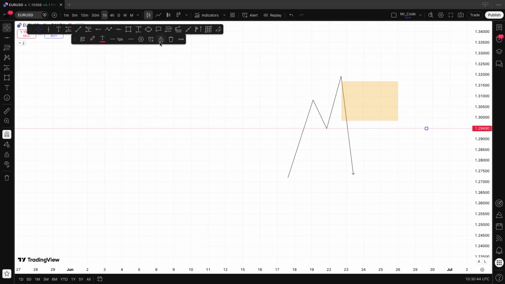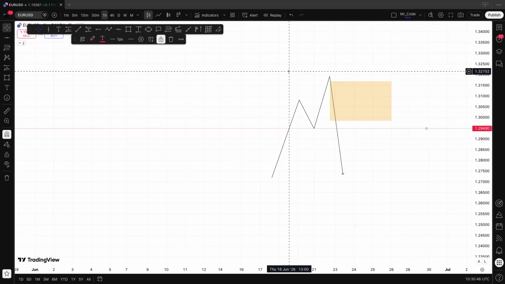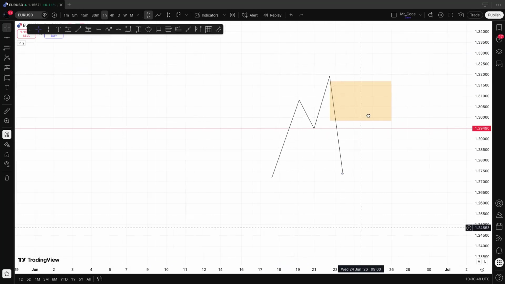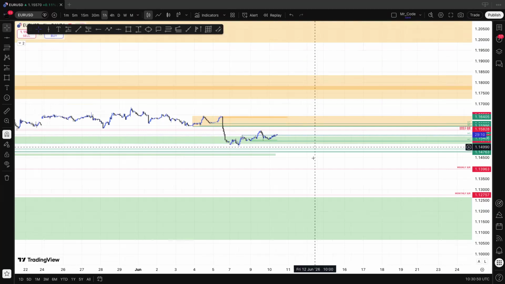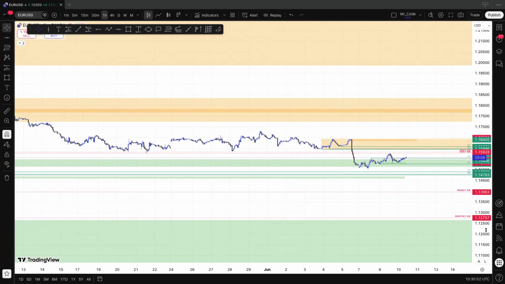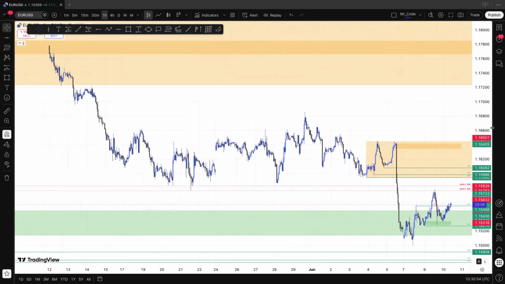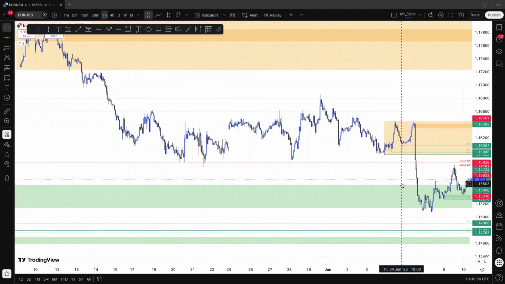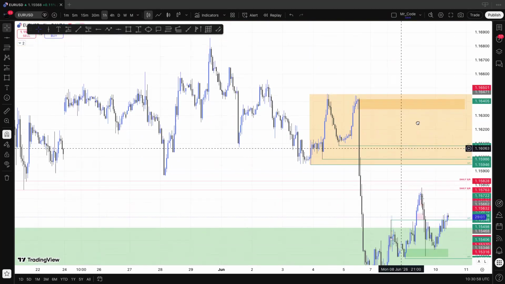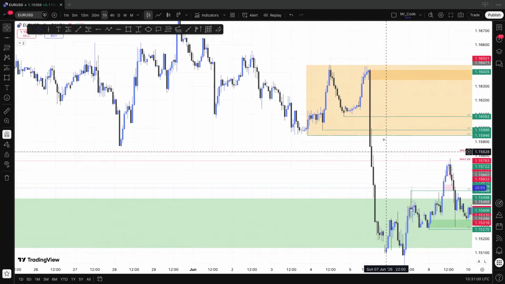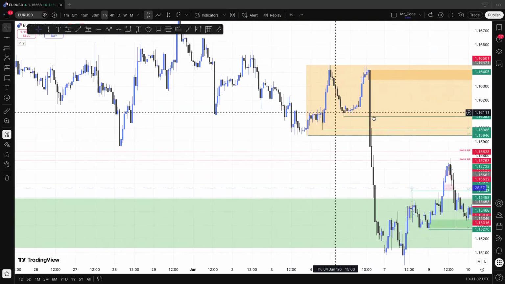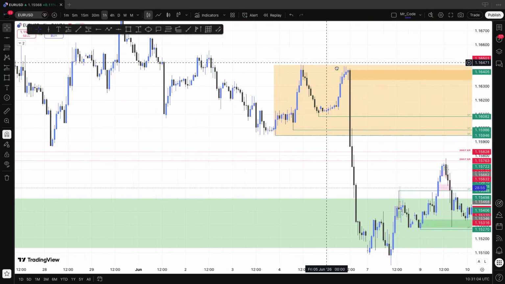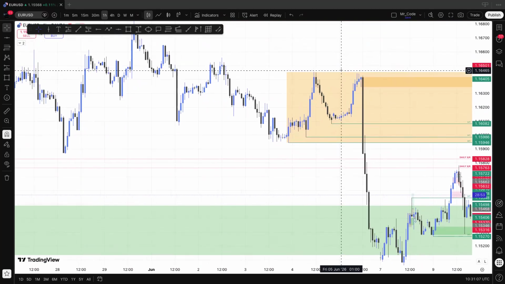And how is the support or resistance marked? Let me show you here. Okay, so in this scenario right here, where would be our support or resistance?